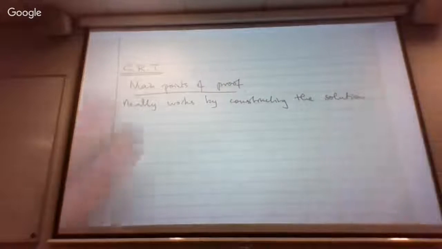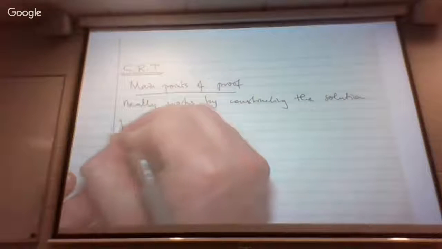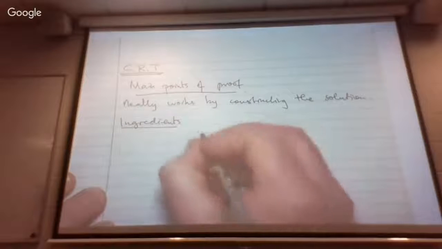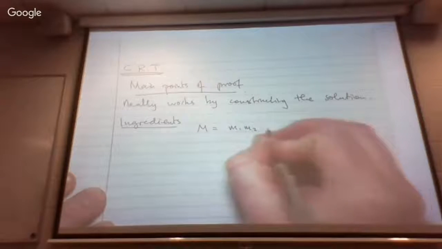There's some small technical tying up of loose ends to prove that there's only one unique solution. But the main thrust of it, the main idea, is providing the formula for the solution. So we need some ingredients. First of all, capital M is the product of all the little moduli.